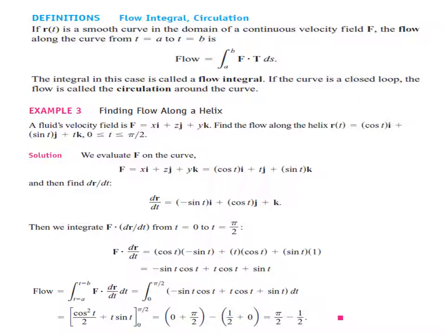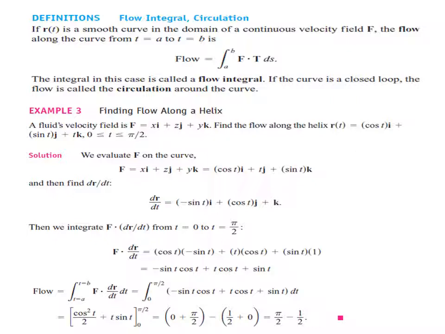Let us find dr by dt. Differentiate r(t) with respect to t, and we get dr by dt. That is, the derivative of cos t is minus sin t, so minus sin t i cap, then the derivative of sin t is cos t, so cos t j cap, and the derivative of t is 1, so 1 k cap. Let us find the dot product of the vector field F and dr by dt.